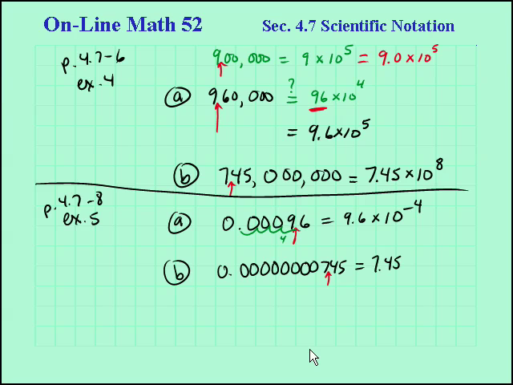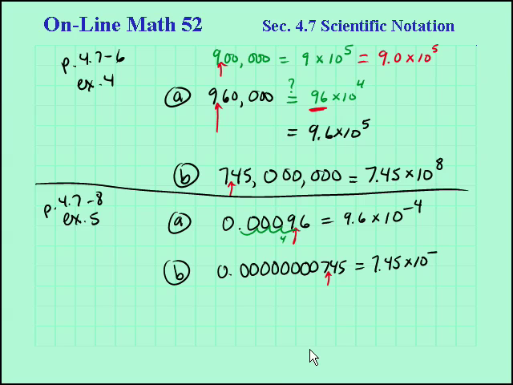7.45 times 10 to what kind of power? Yes, a negative power, because it's a small number. I could put that on before I figure out what the number is. Now, let's consider what the number is.